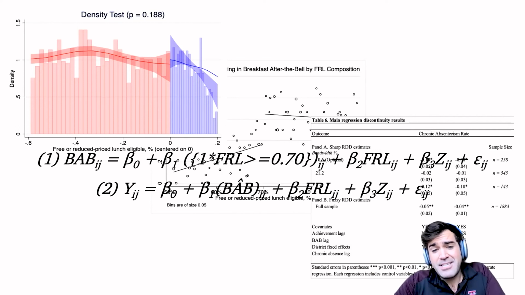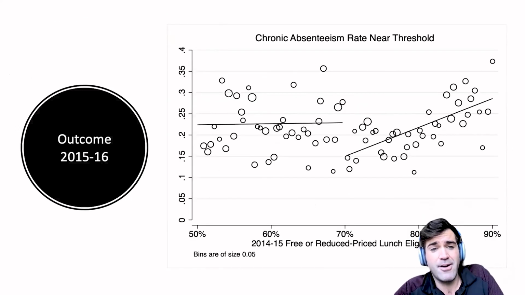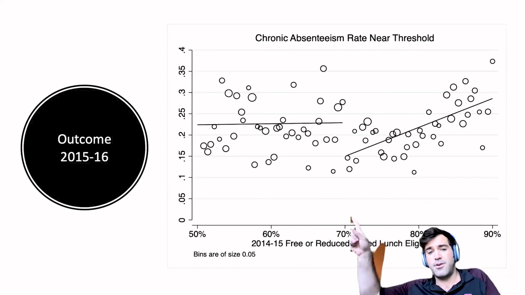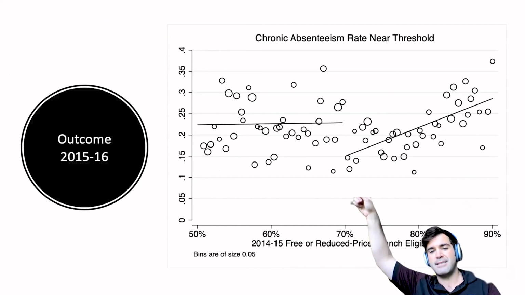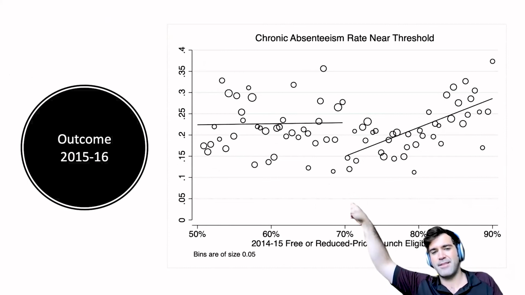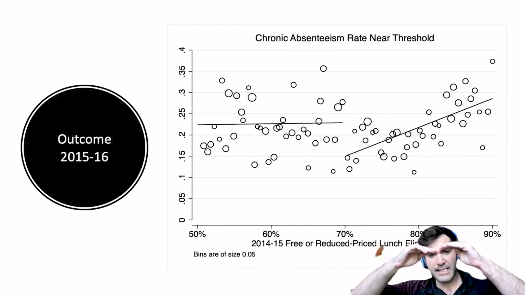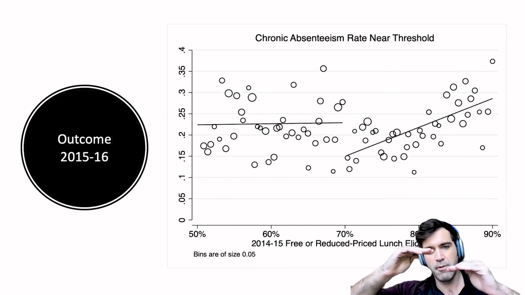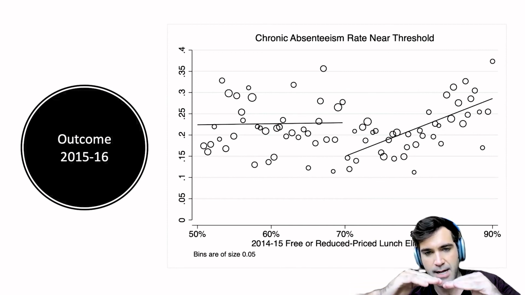But what you can do as education policy researchers at the undergraduate level is simply look at graphs like this and see that those schools who were required to adopt just barely, right, at that 70% threshold, compared to this 69% threshold over here, I'm kind of fading into the background. You can see that there is a clear disconnect between those who were required to adopt breakfast after the bell and those who were not.